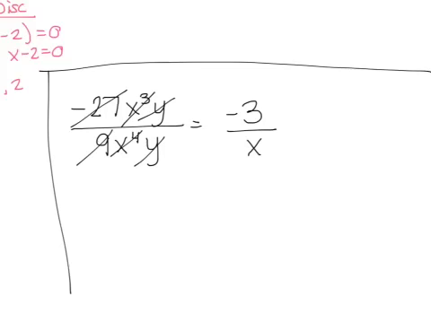Now, that seems pretty easy, but let's look at the points of discontinuity. So we have to set our original denominator equal to 0. Any idea where we go from here?